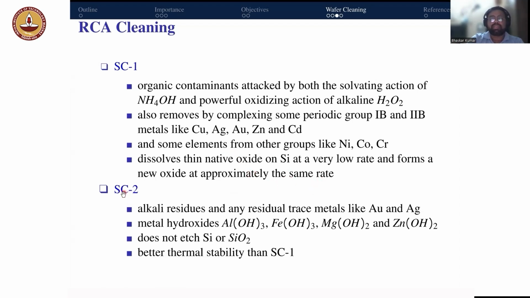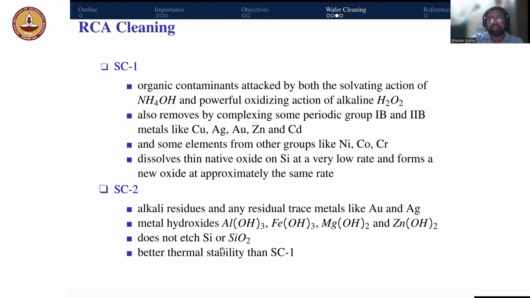SC2 removes the alkali residues left behind after the SC1 solution, and any residual trace metals like silver and gold, which are very detrimental for the performance of the device because they introduce traps, which cause threshold voltage shifts due to the recombination of carriers and modification of the surface recombination velocities.